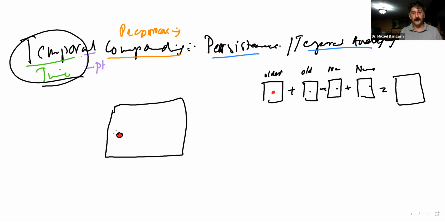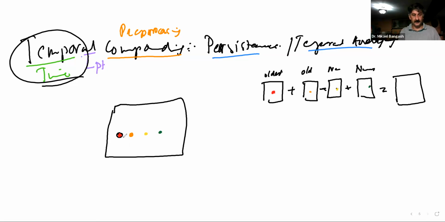In the next frame that was compounded, it was here. In the next frame that we compounded, the structure, for instance, was here. And in the next frame that was compounded, the structure was over here.